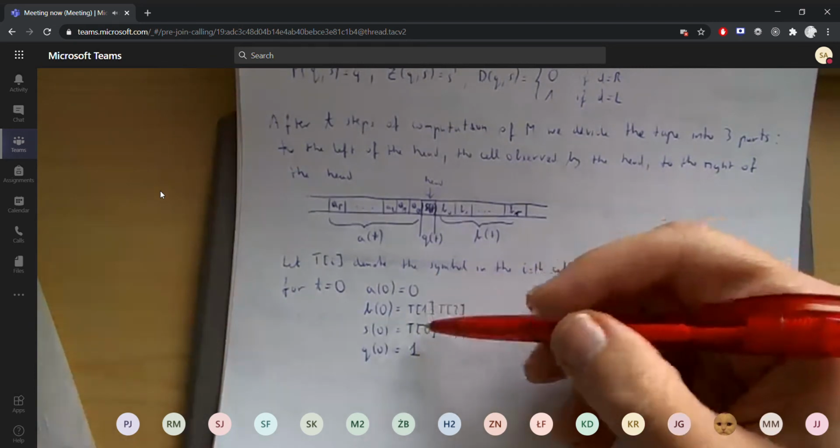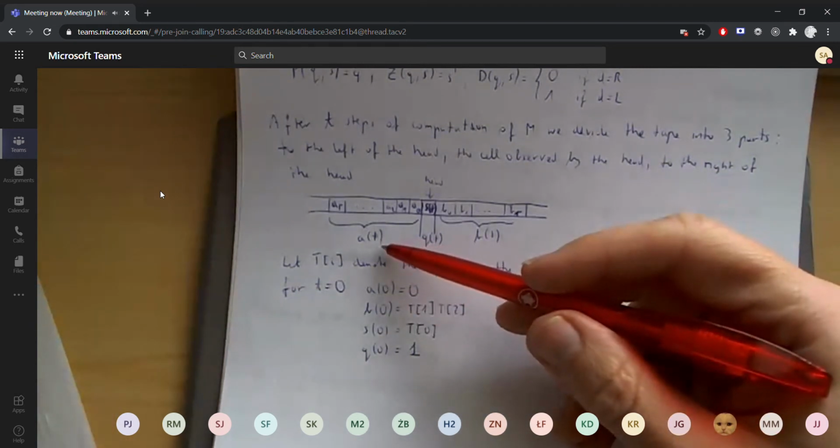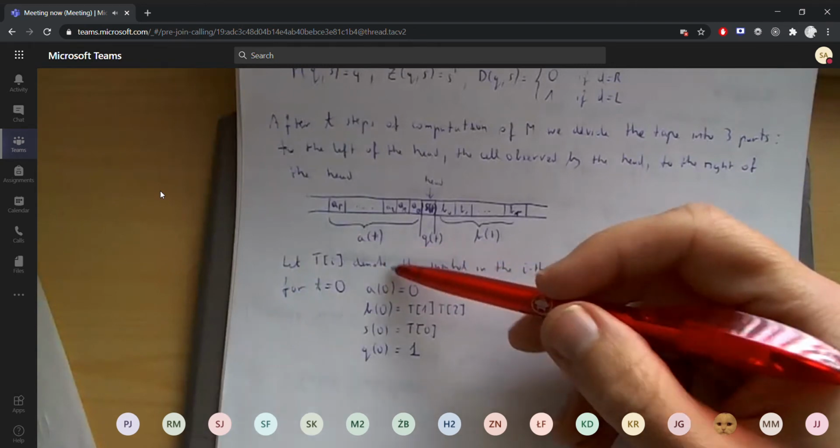Okay, so we assume that we have the values for some t, and how to compute the values after the next step.